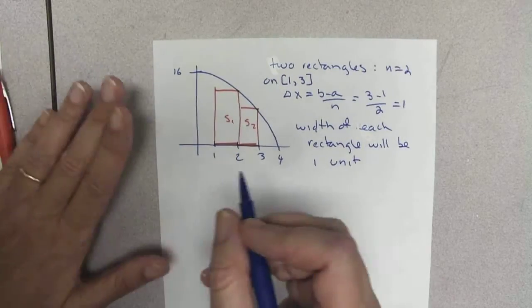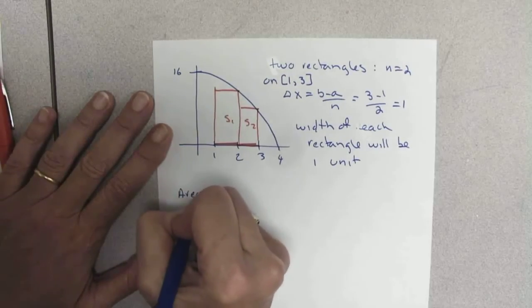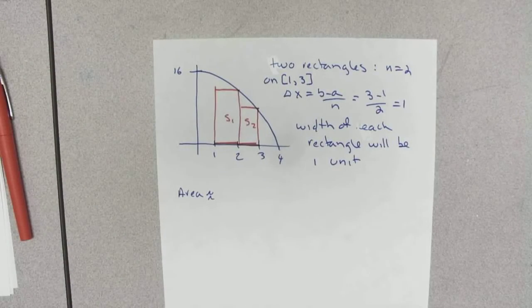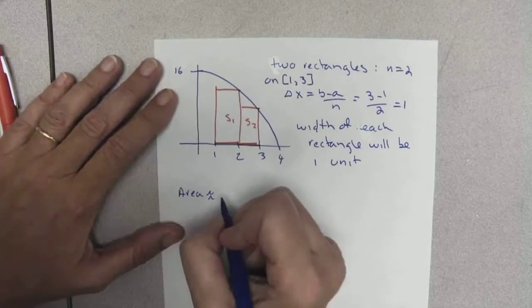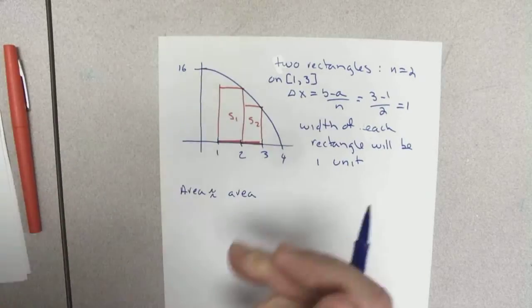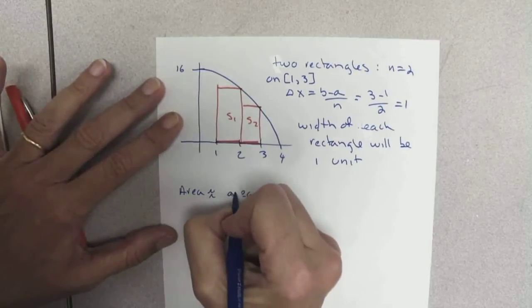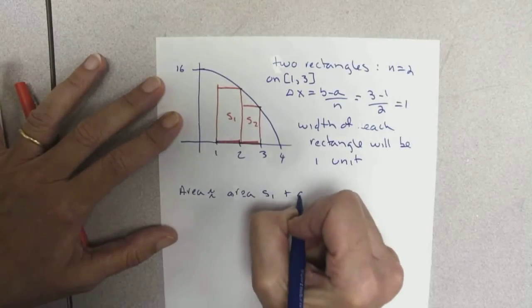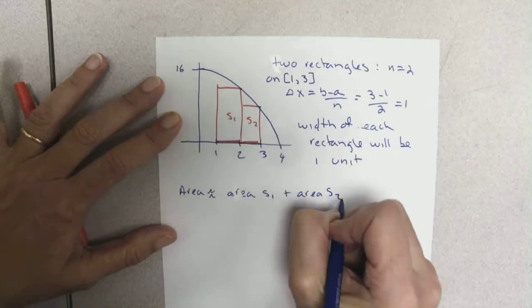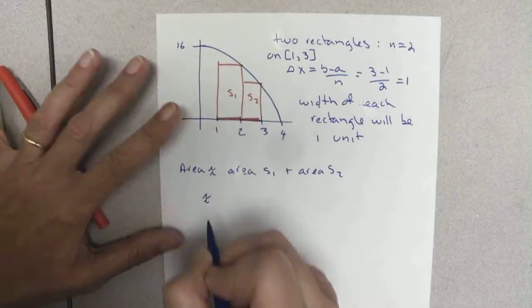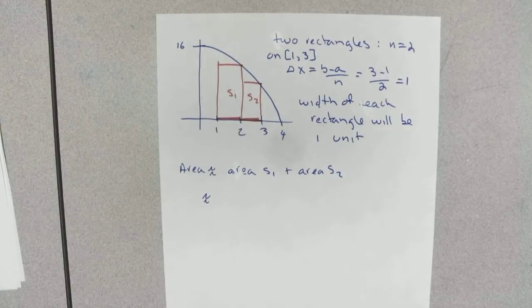And so we were told to find the area. And so the area will be approximately equal to the area of S1 plus the area of S2.